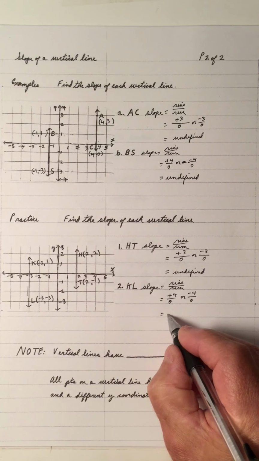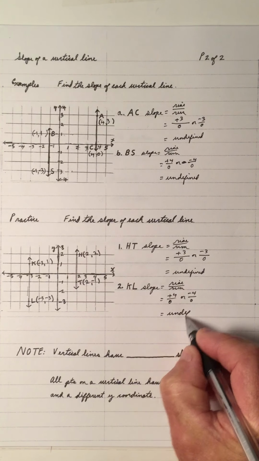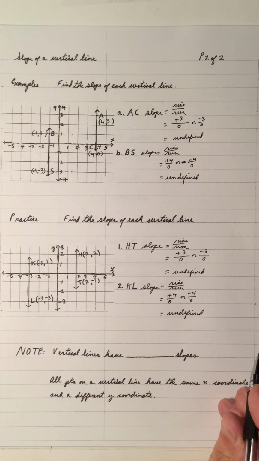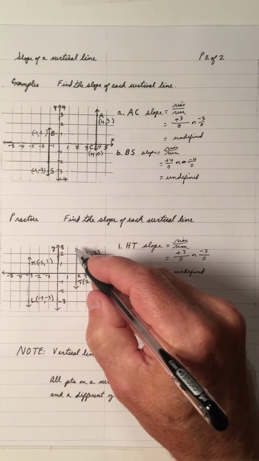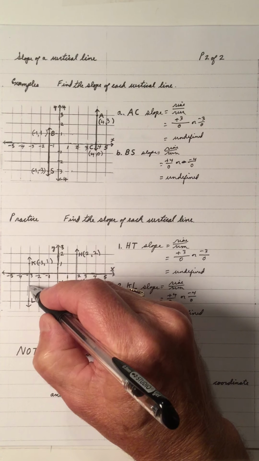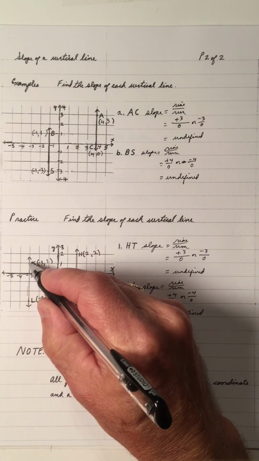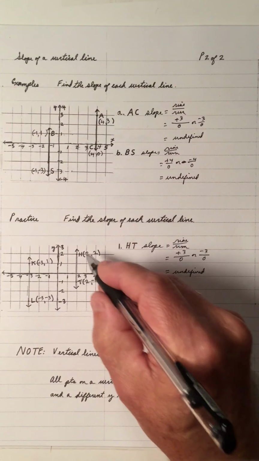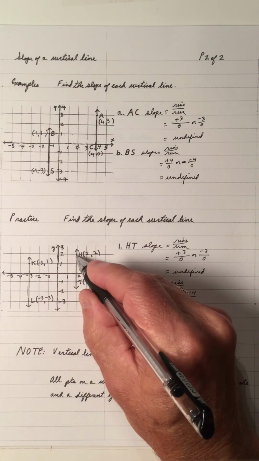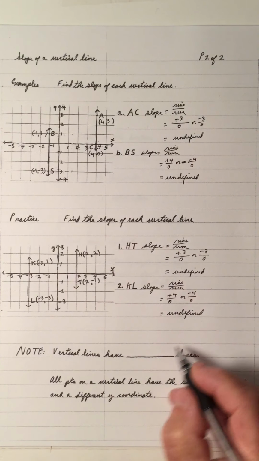And in either case, when you divide by 0, you get an error on the calculator, or we say undefined. And again, note that on a vertical line, the x-coordinate is the same, negative 3 for every point, but the y keeps changing. Same on this one. The x is always 2, but the y changes as we go up and down.